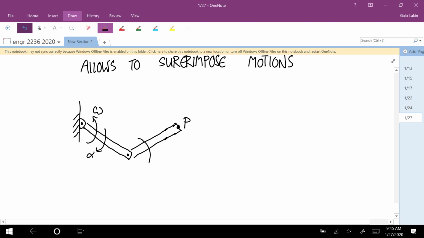And this one has an angular velocity this way and an angular acceleration this way. Okay. And say that you want to calculate the acceleration of that point P.